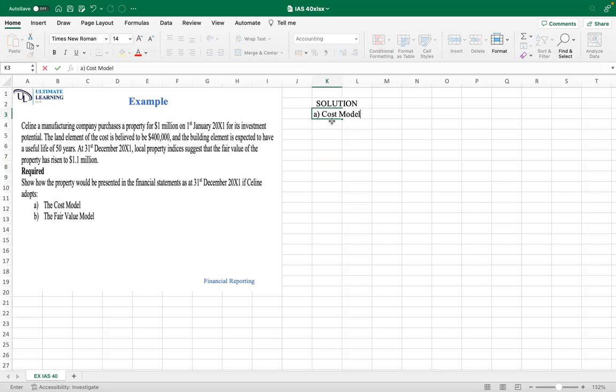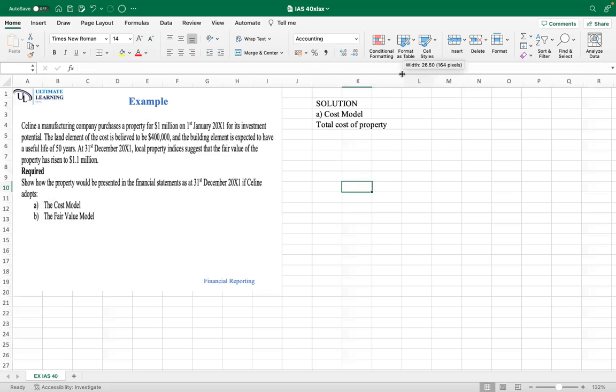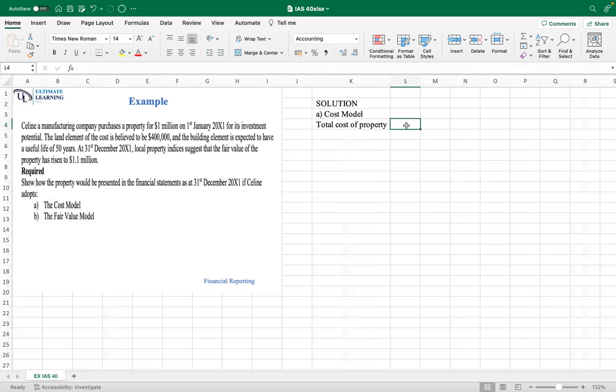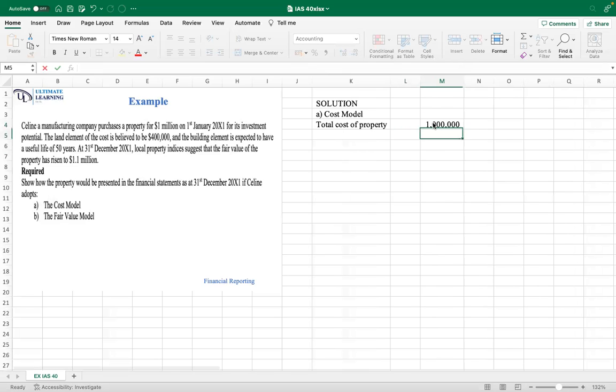How do we account for the cost model? The total cost of the property was 1 million USD, out of which land had a value of 400,000.